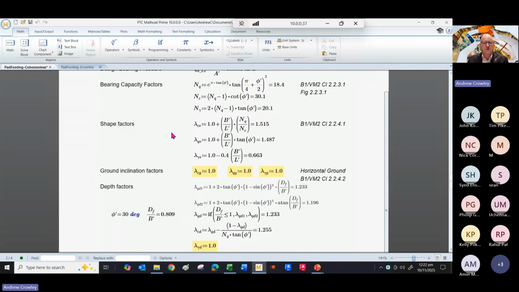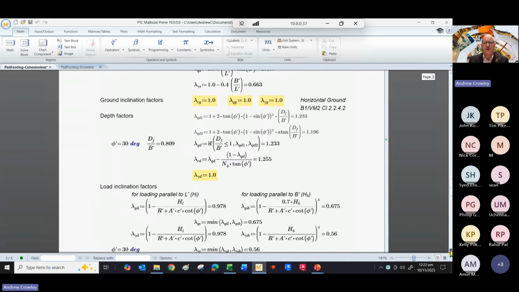So here are the calculations for the shape factors. Lambda CS is 1.5, lambda QS is 1.48, and lambda gamma S is 0.663. Our ground is level, so therefore all the ground inclination factors are 1. We have our depth factors. Now we have a choice on our depth factors depending on the depth to width ratio.